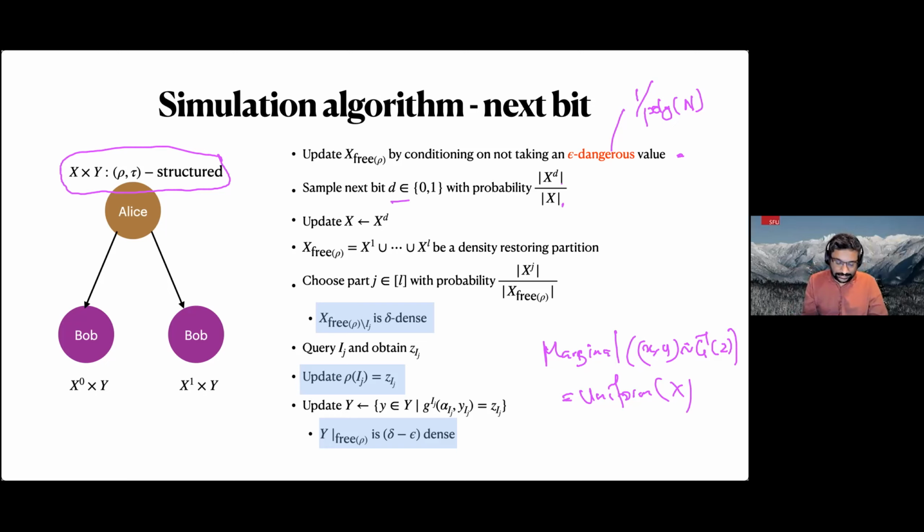So we sample x_d with this density, this mass, and then we go down to that particular node. But by doing so, we might have lost density.